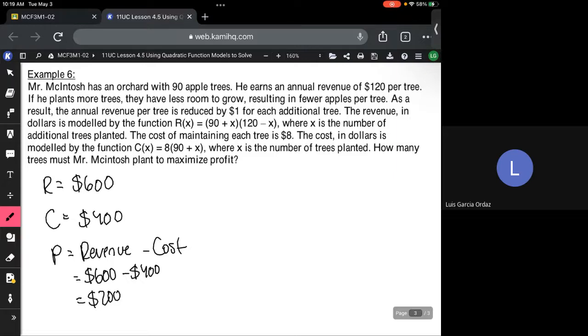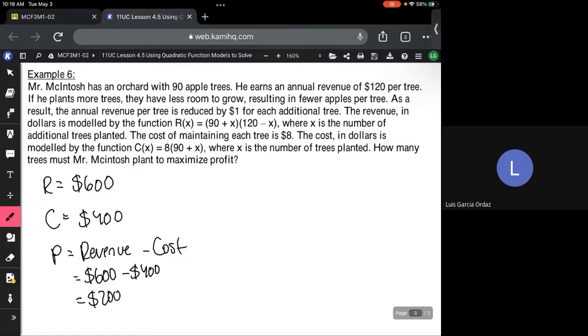I'm just trying to make you realize how you calculate profits when you have revenue and cost. That's why restaurants or anyone who has a small business try to minimize their costs and maximize their revenue so that they make more money.